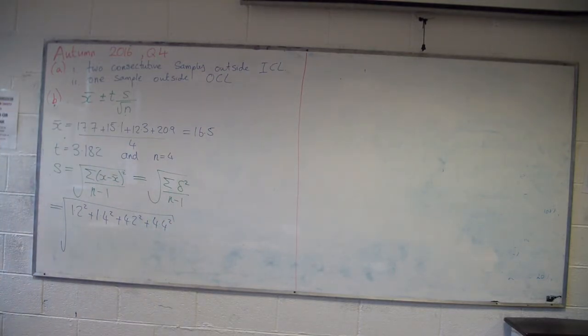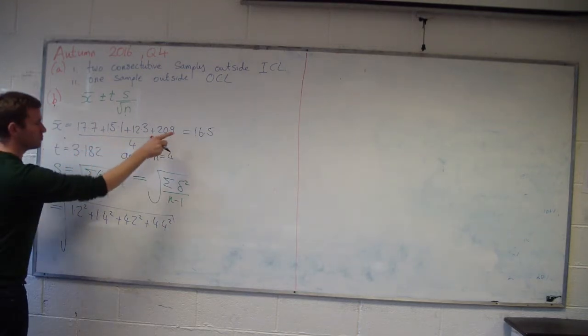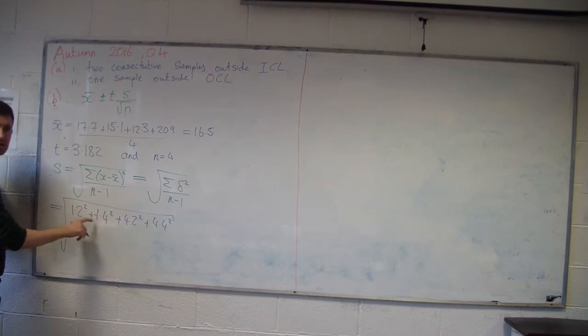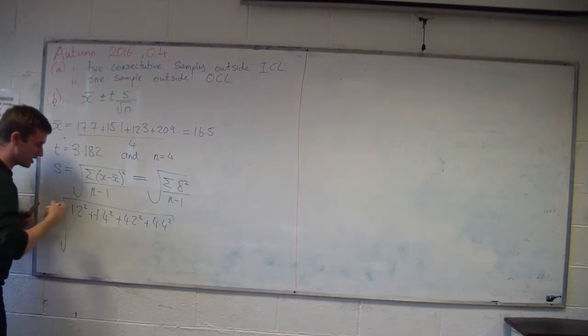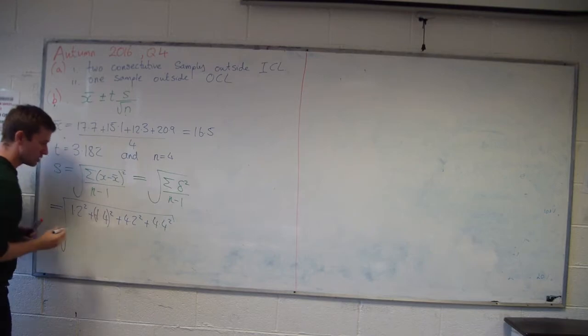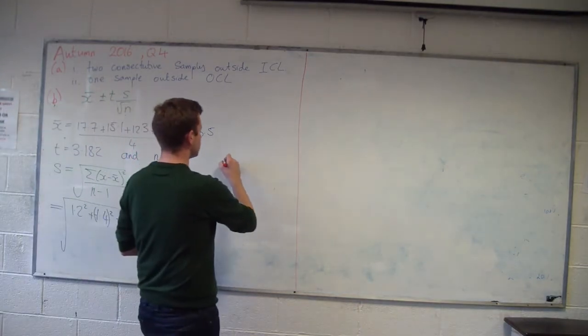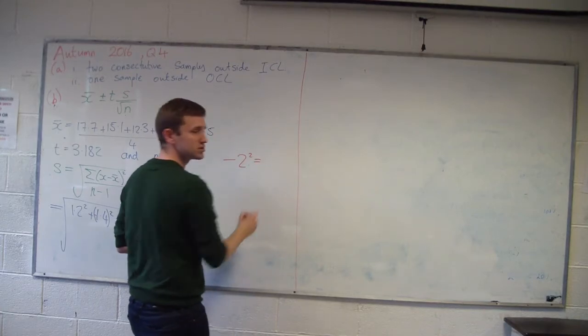There's minuses, it doesn't matter. If you have minuses and you square them, now you're in trouble. If you put a minus into the calculator, like say 15.1 minus 16.5, the calculator will give you the wrong answer. You'd have to put a bracket around it. Let me show you. If you go into the calculator, minus 2 squared doesn't give you plus 4.